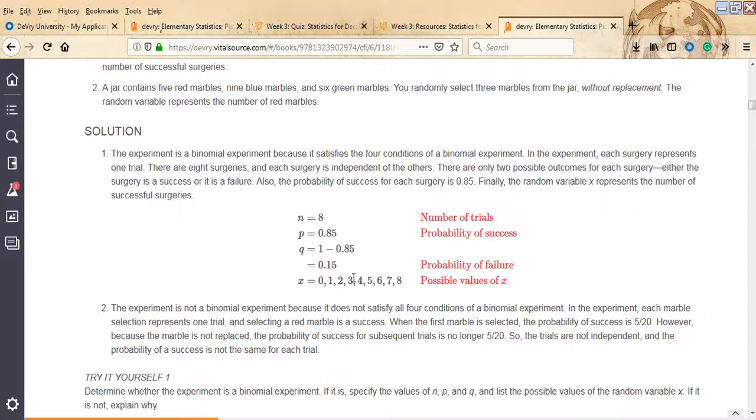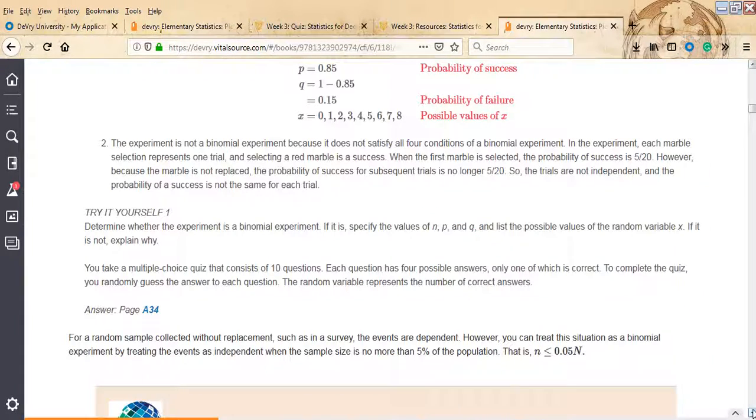So we're going to calculate the likelihood that 3 out of 8 were successful, or 6 out of 8 were successful, or 0 out of 8 were successful. And n, of course, is the 8. That's something I think is very important to really wrap your head around, and make sure that you understand what those 4 factors are that are important in a binomial probability calculation.